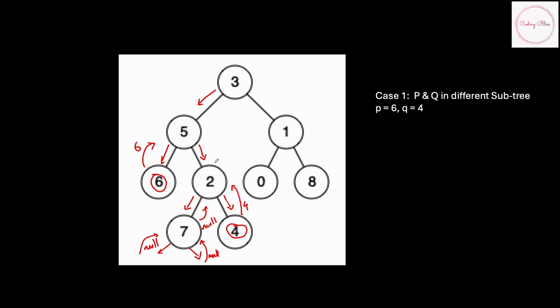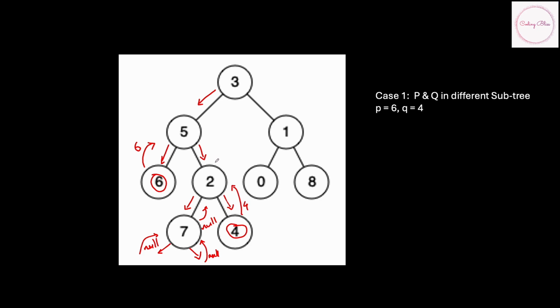As we come back along this path, now this is the tricky part. When you come to 2, since only one of the nodes was found, we go for its left part, it got null, and for its right subtree it got not null.